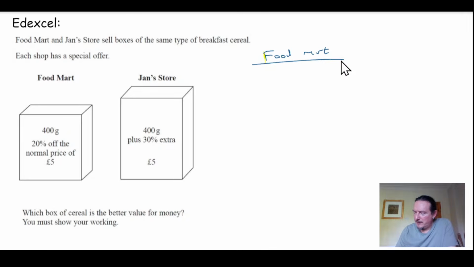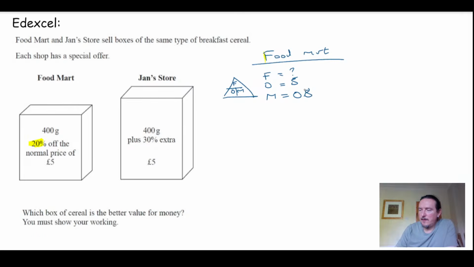400 grams, 20% off. So I tend to do my percentages with a little triangle like this. If you watch my videos, you've probably seen this before. So final, original, multiplier. I'm trying to work out the final here. I know the original is £5. And the multiplier, I've got 20% off. So if you start with 100% and you deduct 20%, that's 80%, and 80% as a multiplier is 0.8.